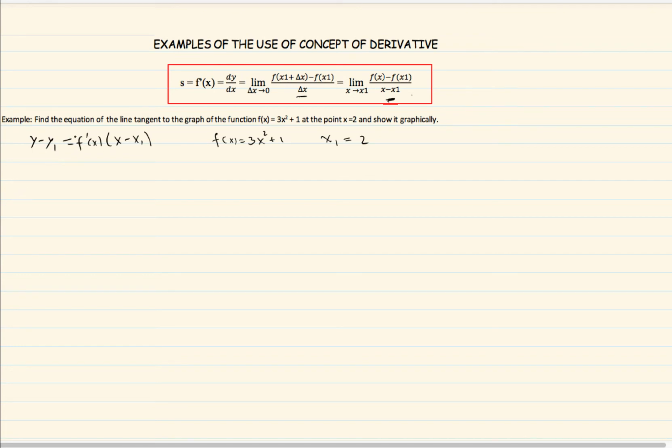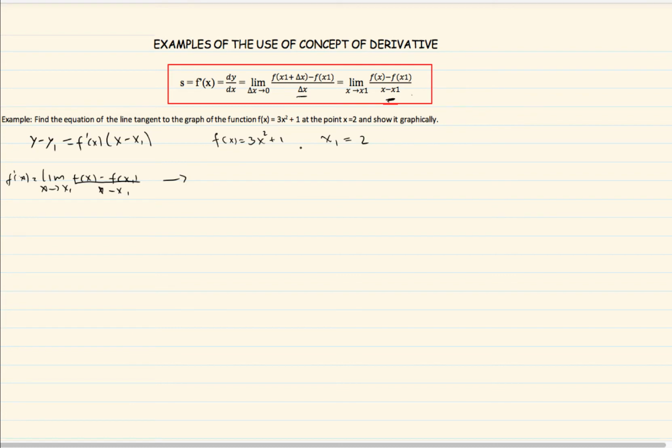So first we need to find f dash of x. We have f dash of x is equal to limit when x tends to x1 of f of x minus f of x1 divided by x minus x1.